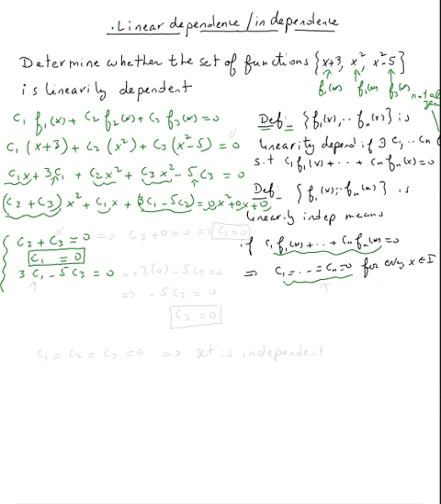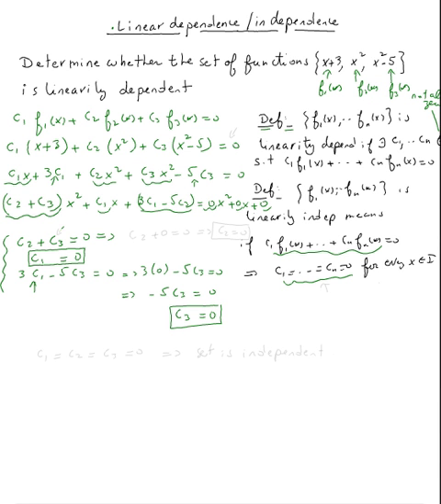Now, since c1 is 0, plug c1 equals 0 into the last equation. It tells us 3 times 0 minus 5c3 is 0, which means minus 5c3 is 0, because 3 times 0 is 0. So c3 is equal to 0 divided by negative 5, which is 0. Now we found c1 is 0 and c3 is 0.